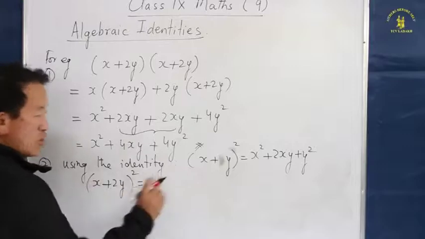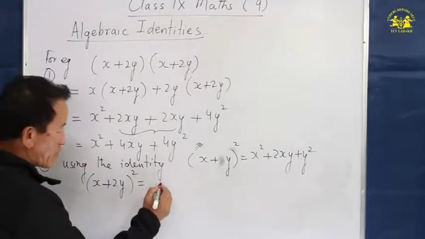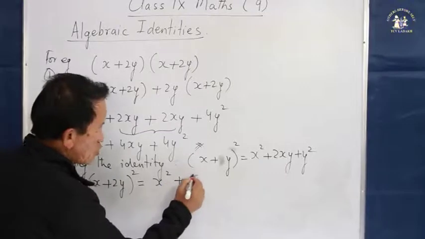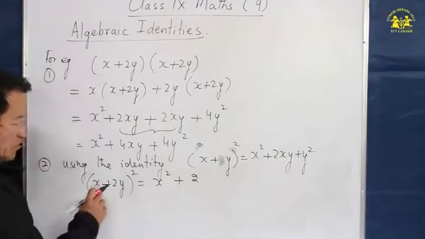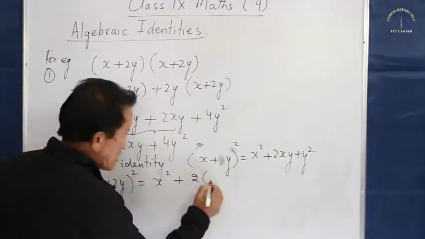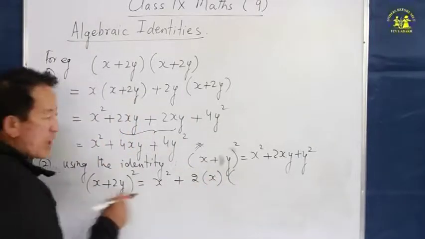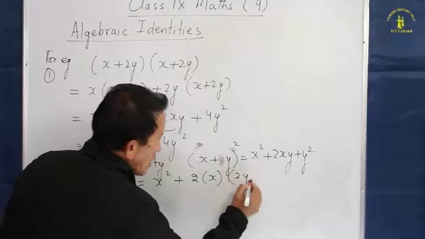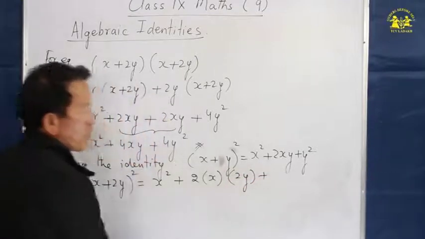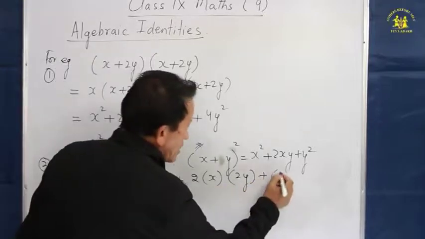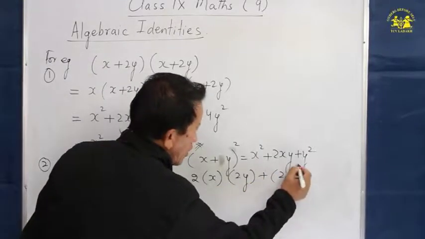So the product will be square of the first term, x square, plus 2 into first term, here first term is x, into second term 2y, plus square of the second term. Second term is 2y. So 2y whole square.